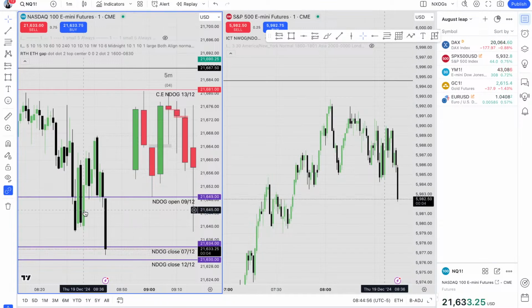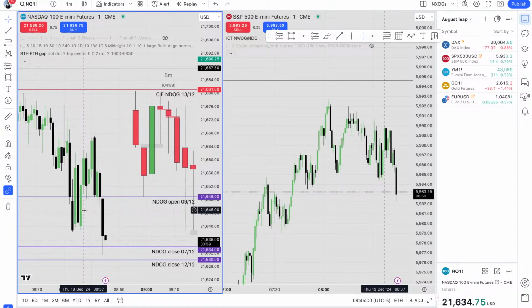I'm telling you, man, if you have a little bit of bias, like 5 minute bias or even 1 minute bias, and you wait for an SMT and combine it with an order block, especially an order block with another PD array.